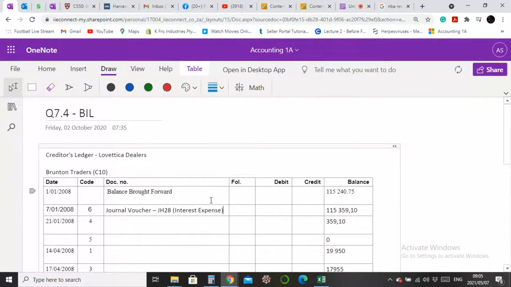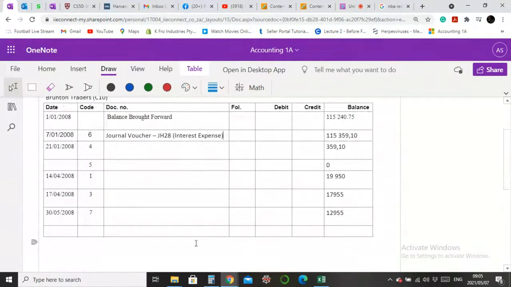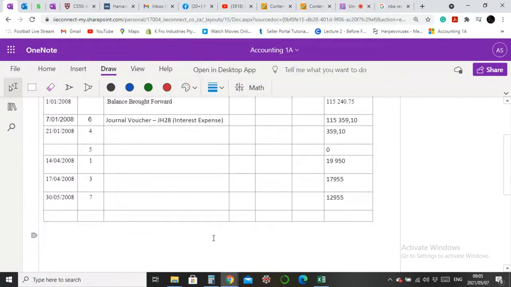Okay, and then next thing we want to know is, okay, cool. How then do we calculate the interest that is owed to them? Somebody then tell me there in the chat, how do we calculate the interest that is owed to them?